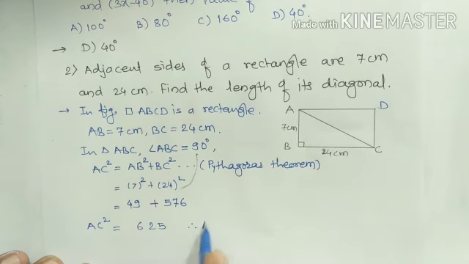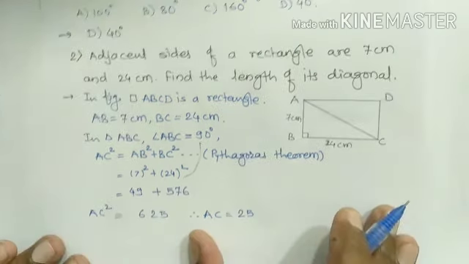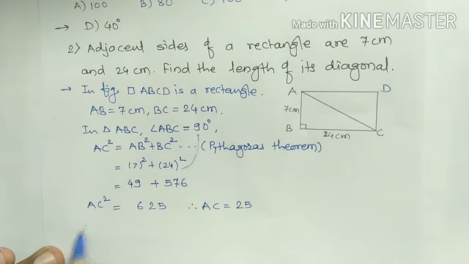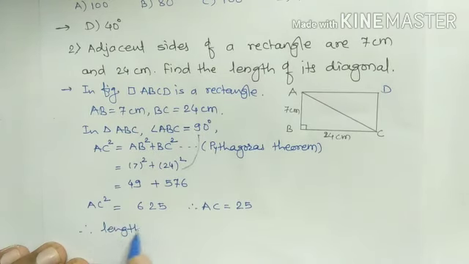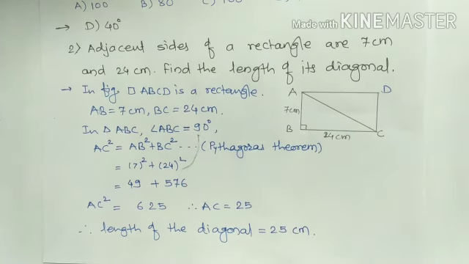And therefore AC equals to, taking the square root, 25. Here AC is the length of the diagonal, and therefore the length of the diagonal equals to 25 centimeter. In this way, by using the Pythagoras theorem, here we find the length of the diagonal.